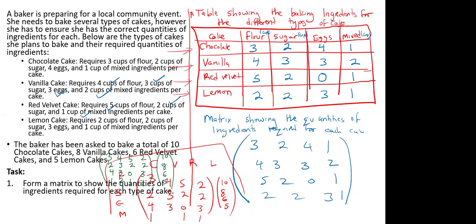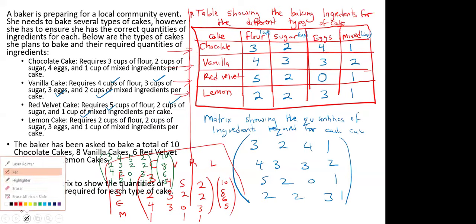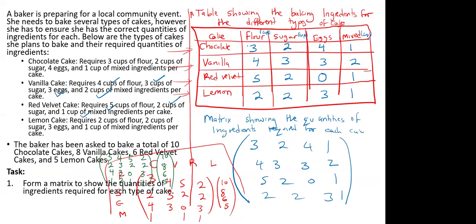The question wanted the quantities of flour, the quantities of sugar, the quantities of eggs, and the quantities of mixed ingredients. Now, what does it mean? When you look at that, you notice that in order for you to be able to get those quantities, you must multiply flour times each of those ingredients times each of the quantities that ingredient was made for.